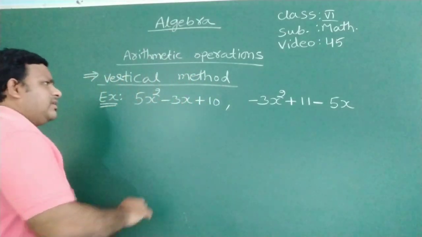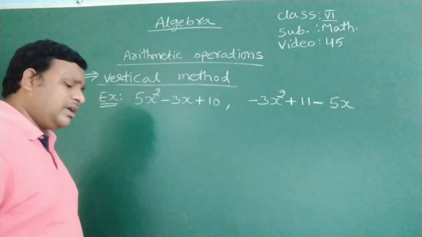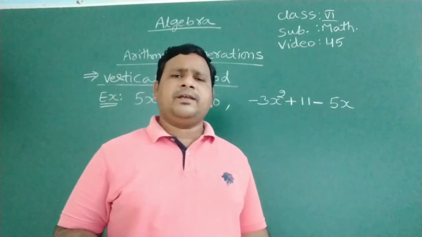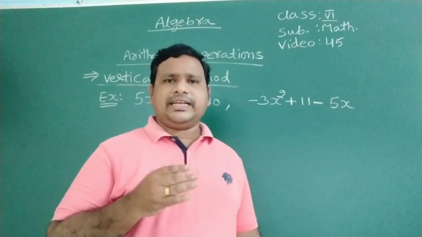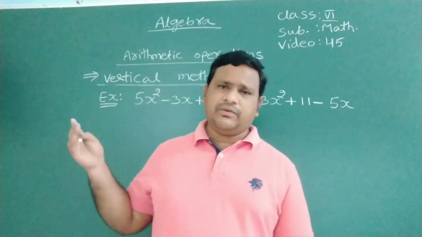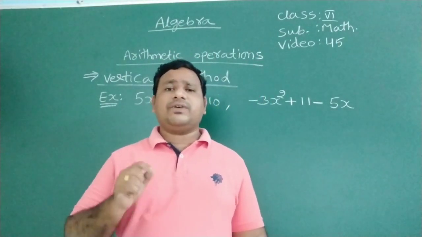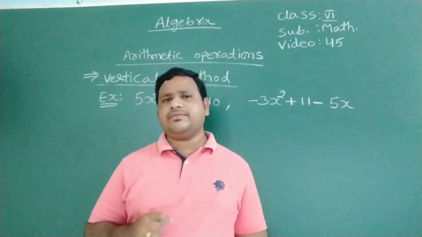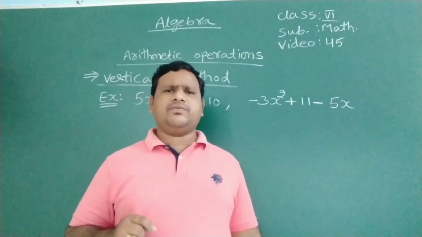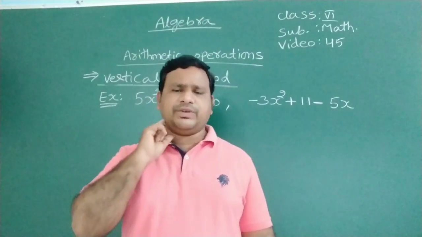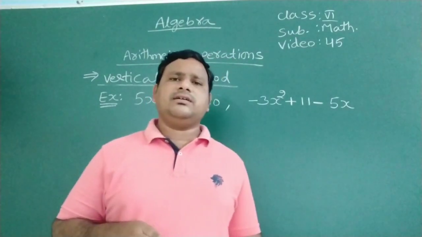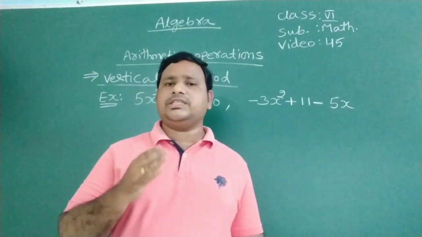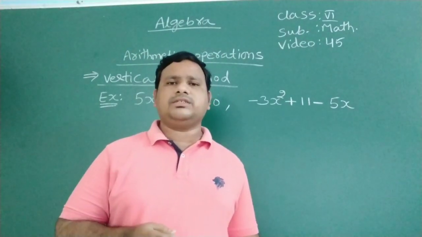So first I will write the given expressions, and one more thing I have to say: the first expression should be written in the standard form. The standard form, as we have seen in previous sessions, means writing the terms with the decreasing degree of the variables.